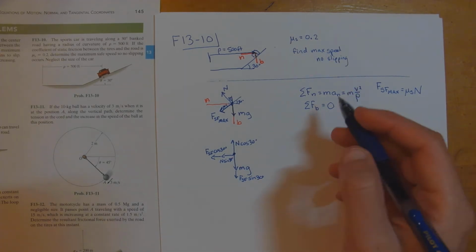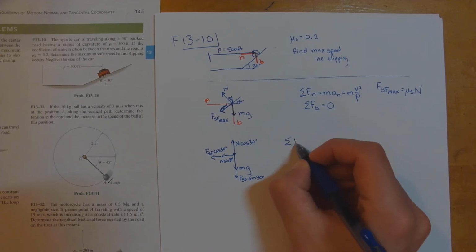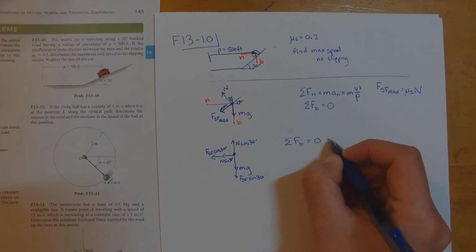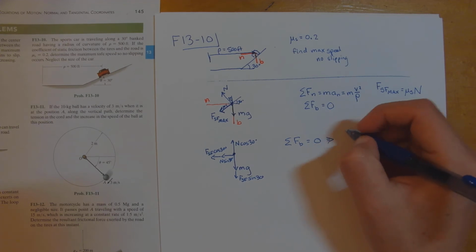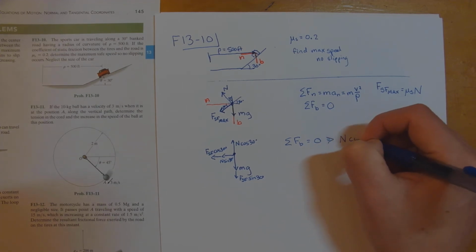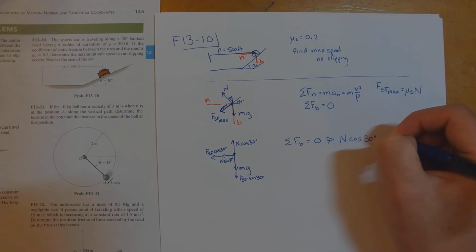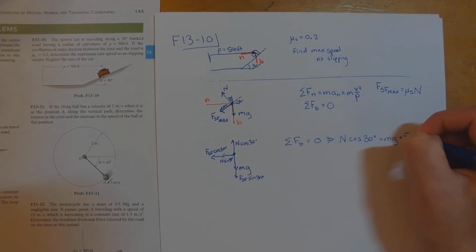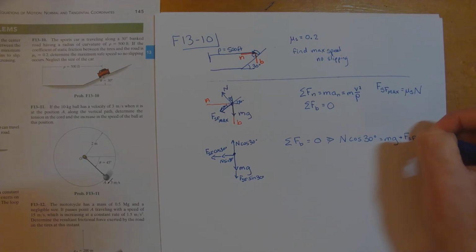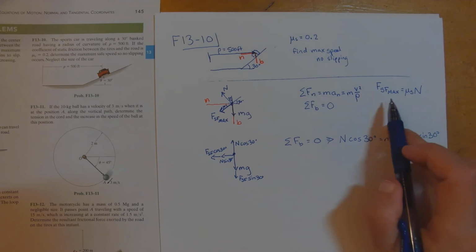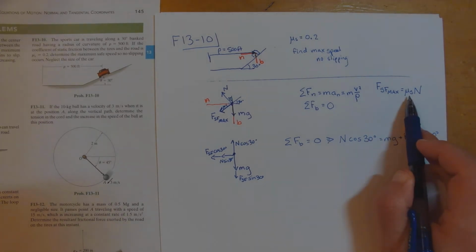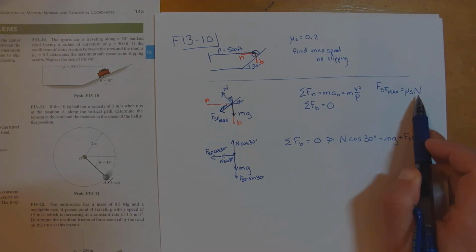And now let's start off looking at the binormal direction. That means because the sum of the forces in the binormal direction is 0, I have n cosine 30 degrees is equal to mg plus F_s f sine 30 degrees. I know the force of static friction is at its maximum value, so it's equal to the coefficient of static friction times the normal force.